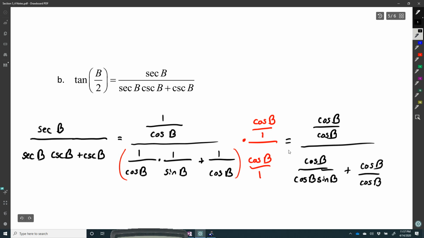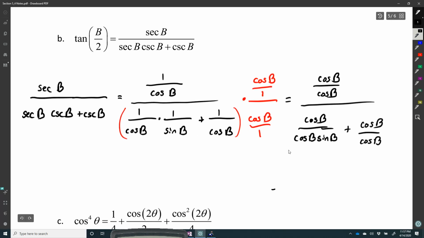Cosine over cosine is 1. Those cancel, and that's a 1. You're left with 1 over sine b plus 1.